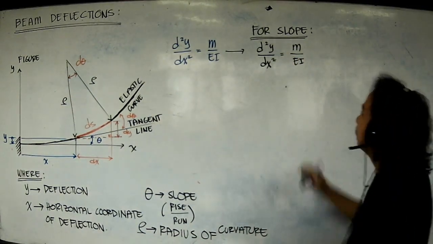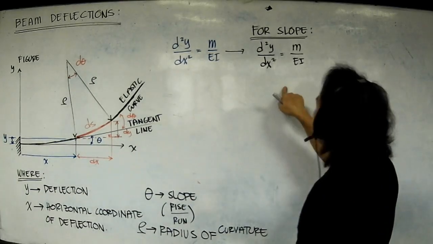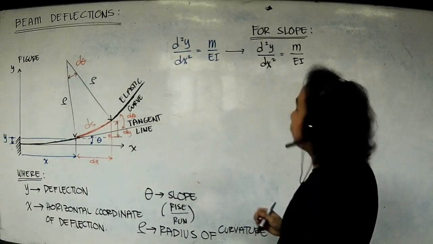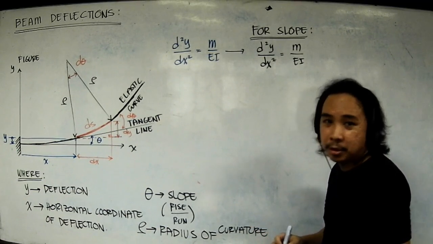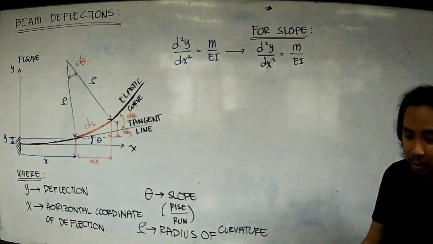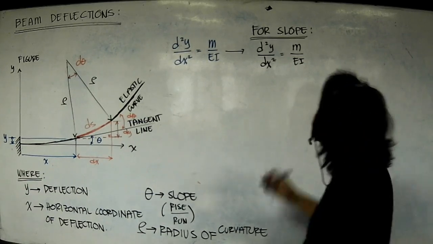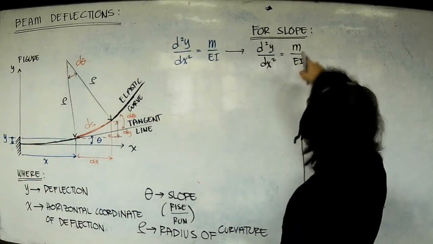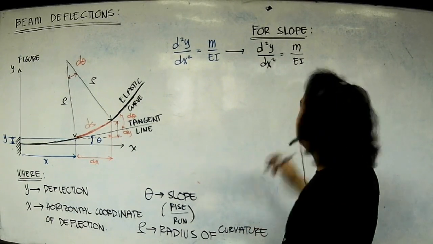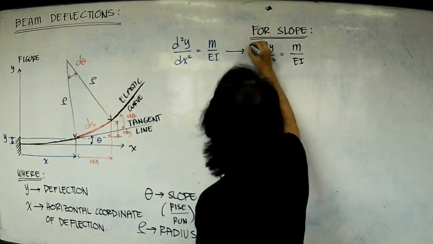Now, this is the second derivative. What happens to a second derivative if we integrate it? It becomes a first derivative. So our moment, this is also a function of x.